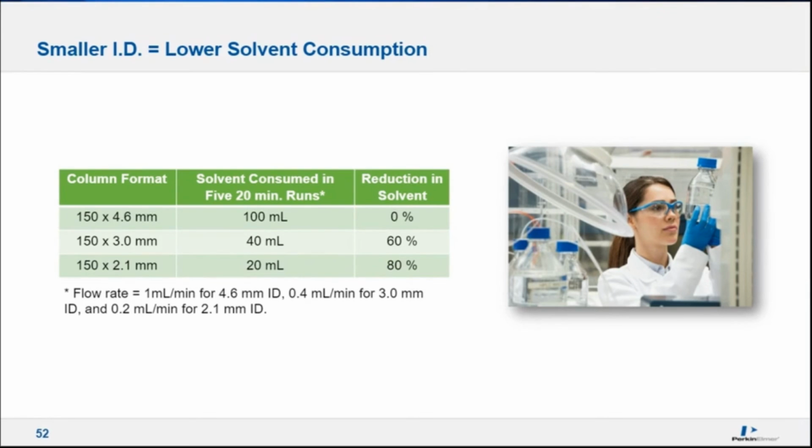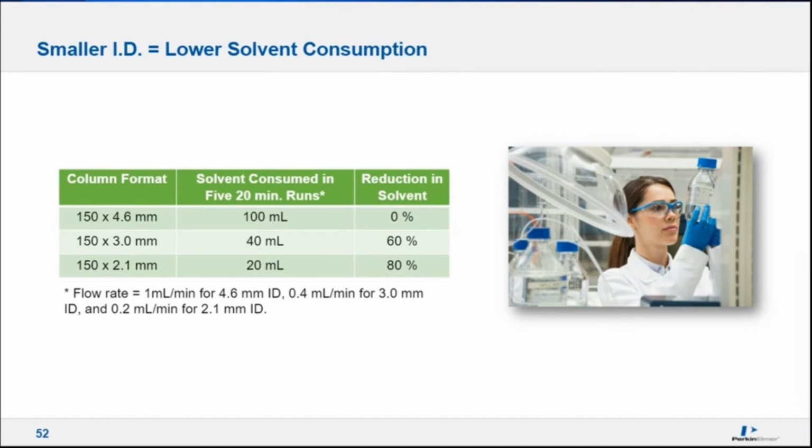So if we look at the solvent consumed in 5 20-minute runs, if you have a standard 4.6 millimeter column, you will consume 100 mils of solvents for 5 20-minute runs. If we now reduce that internal diameter from 4.6 to 3 millimeters, we now reduce the solvent consumption to 40 mils total, which is a 60% savings.